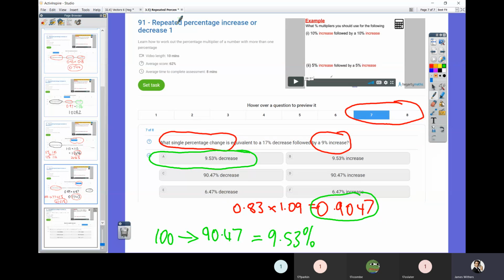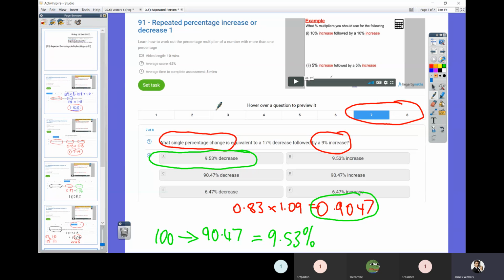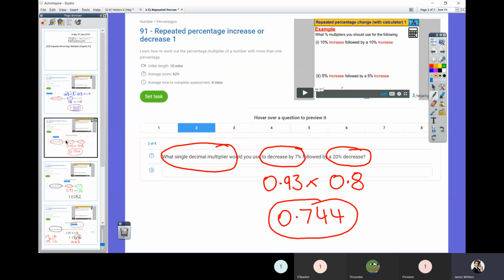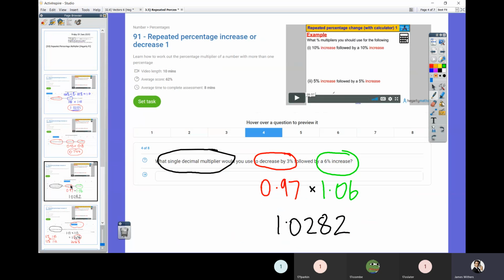Now, I'm not expecting any of you, or hardly any of you, to get this completely right, okay? But I am hoping that you'll be fine for questions 1, 2, 3 and 4. So I think the first 4 should be absolutely fine if you were okay with Hegarty task. You're just simply popping in each of the percentage multipliers and timesing them together.